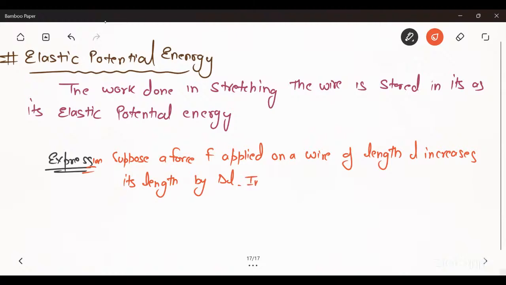Initially, the internal restoring force on the wire is zero.